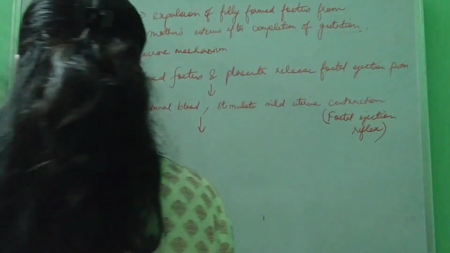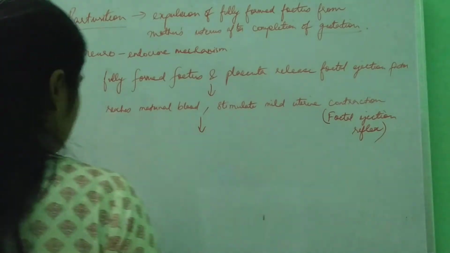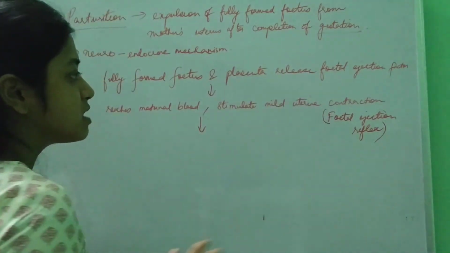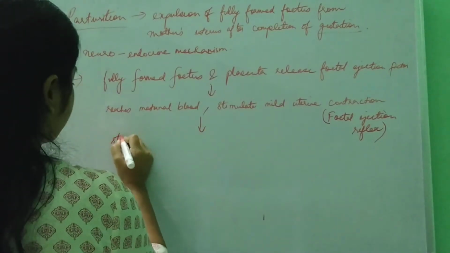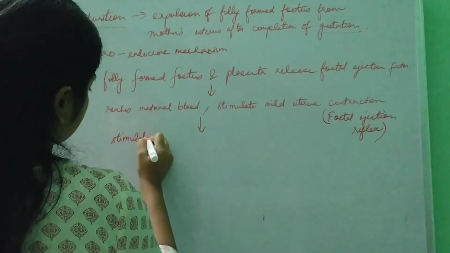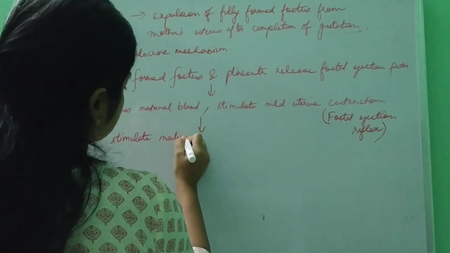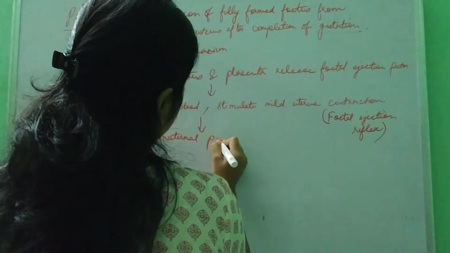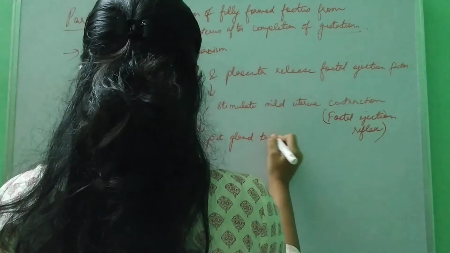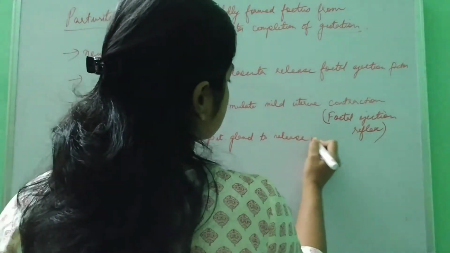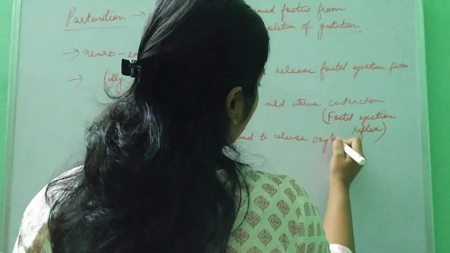After this, when fetal ejection reflex occurs, means mild contractions are occurring, this will stimulate the maternal pituitary gland to release the hormone oxytocin.